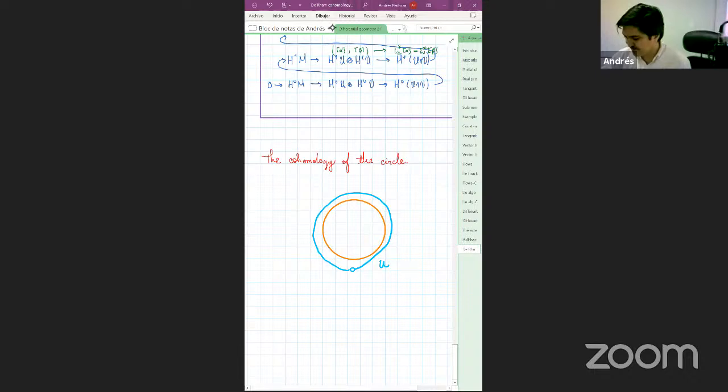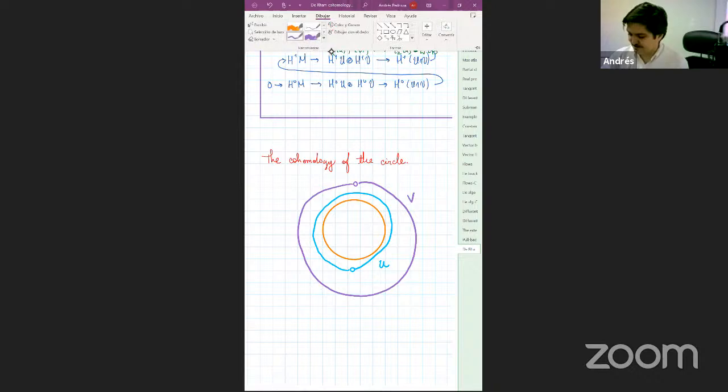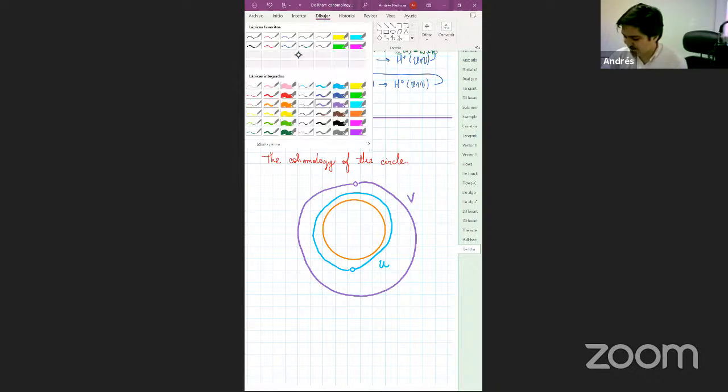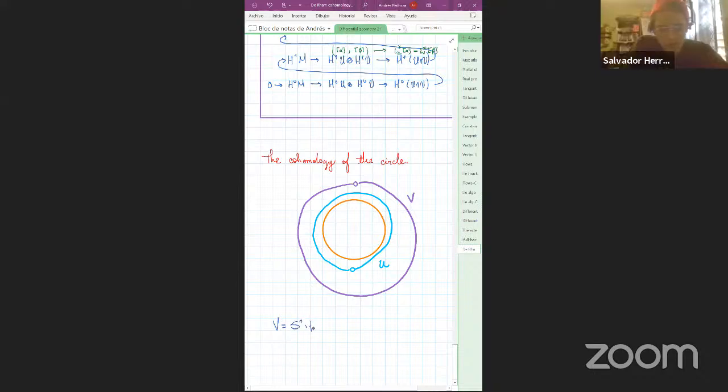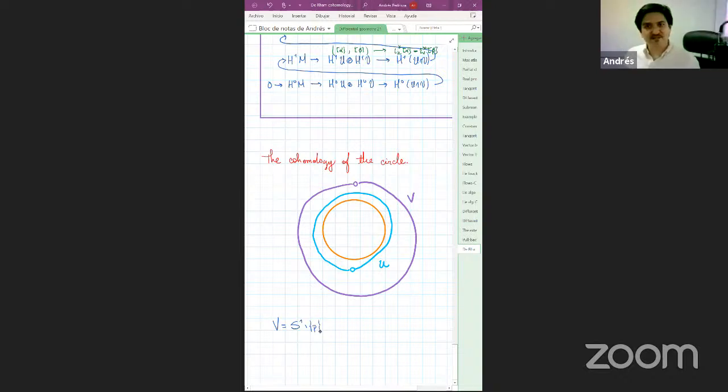And this is U. And the same for V. I'm going to remove the north pole. And this is V. So now, can you answer that? They're both diffeomorphic to a line. Right. Stereographic projection, and they are diffeomorphic to a line.